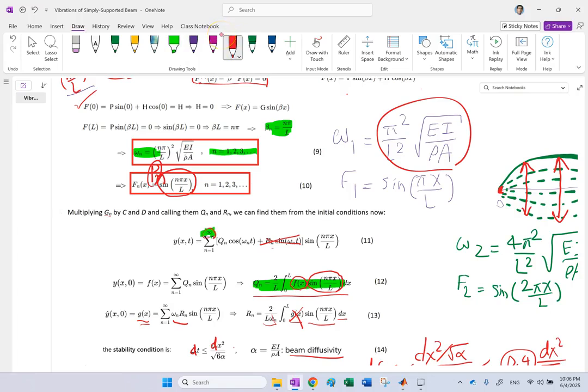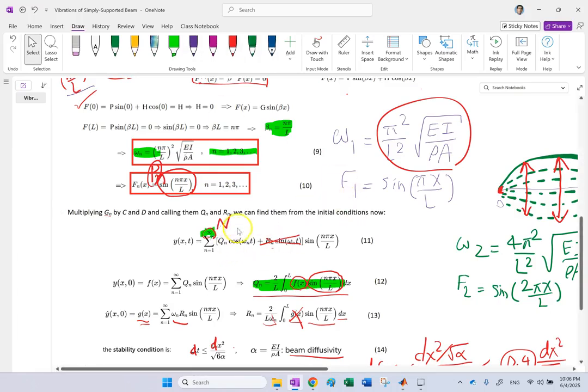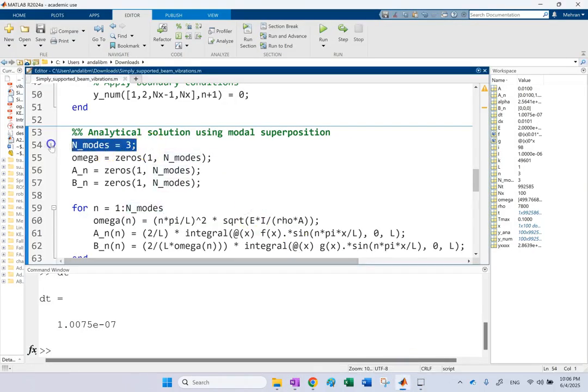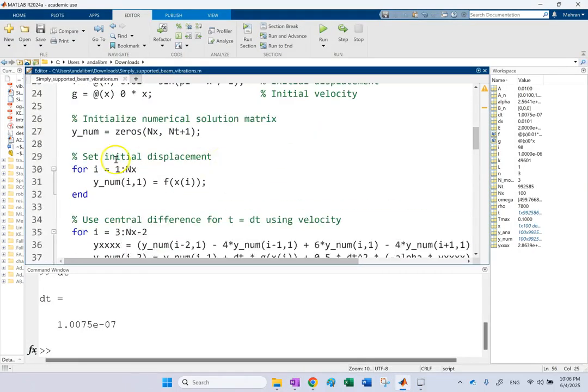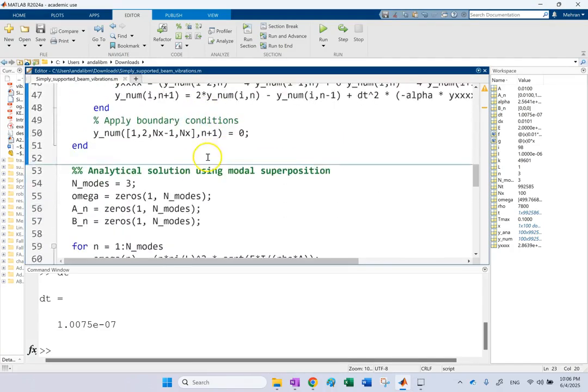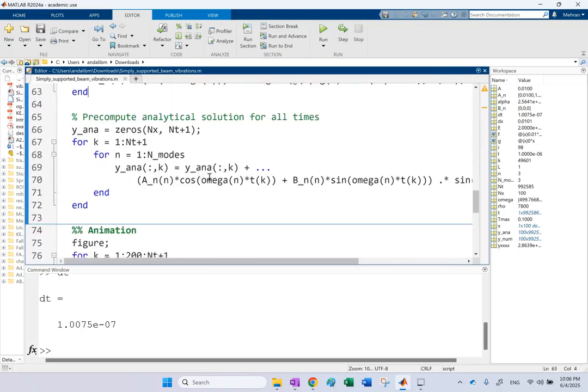So instead, you pick a number of modes, capital N, and the bigger the number of modes you use, the more accurate it's going to be. But again, here for simplicity, I'm only using 3 of them, especially because my initial position matches one of my mode shapes. So that makes life a lot easier.